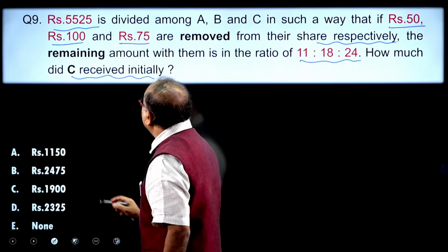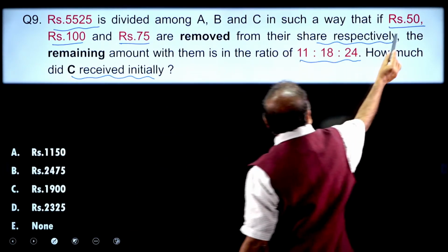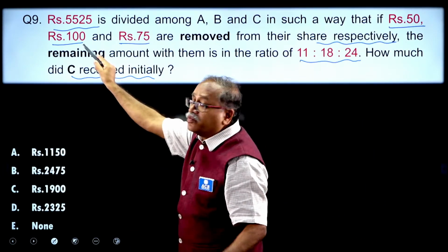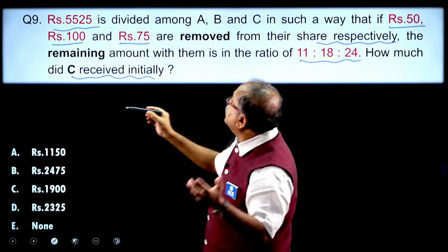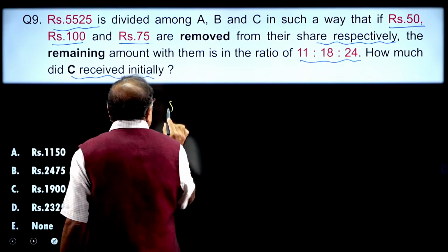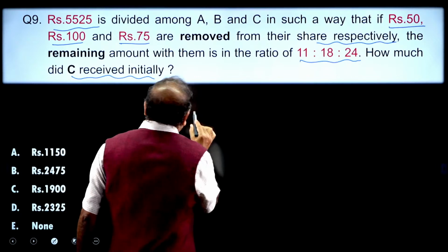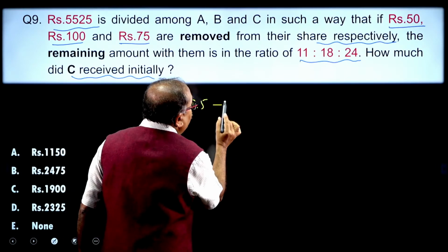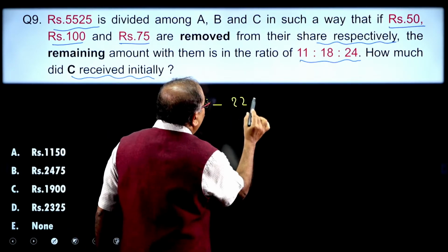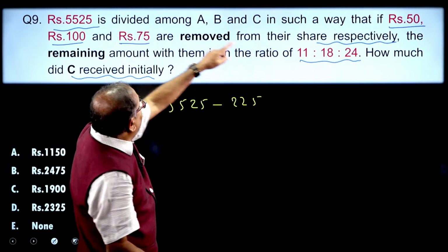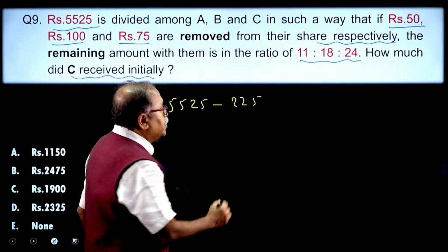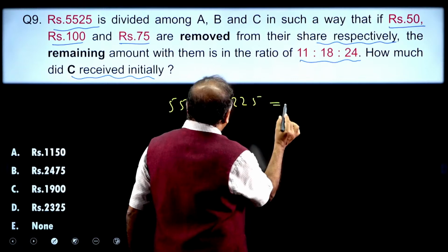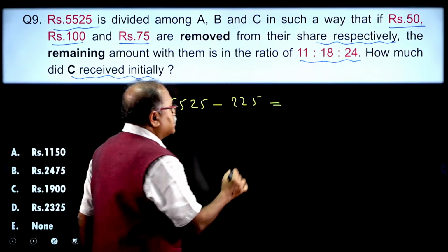So, let me tell you that if you are removing this 50 rupees and 100 rupees, 150 plus 75, that is 225 from this. So, the money which you are distributing is 5525 minus 225, and the remaining amount is distributed in this ratio. So, what amount comes over here? That is 5300.